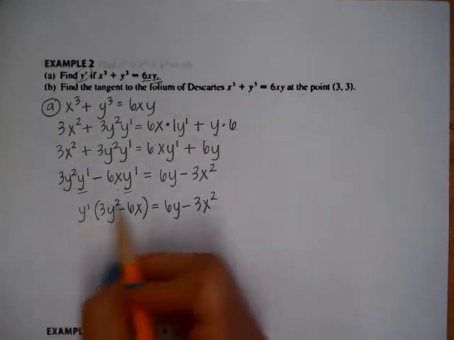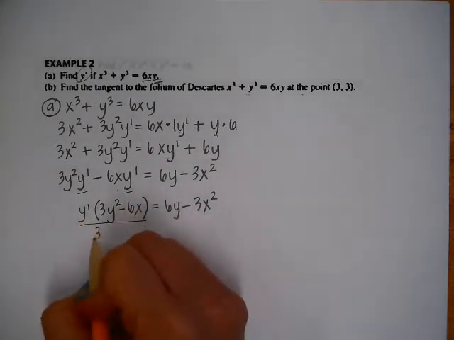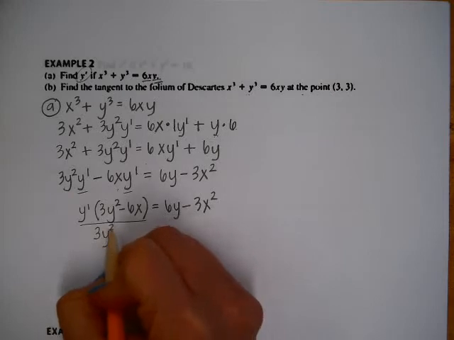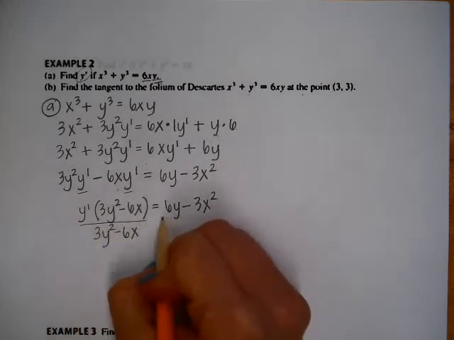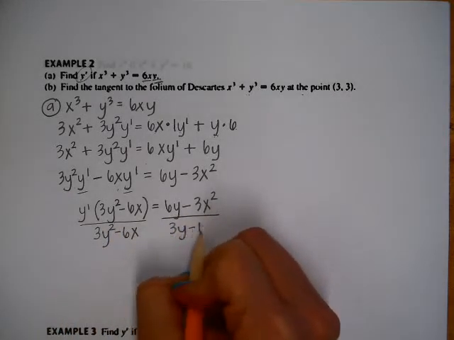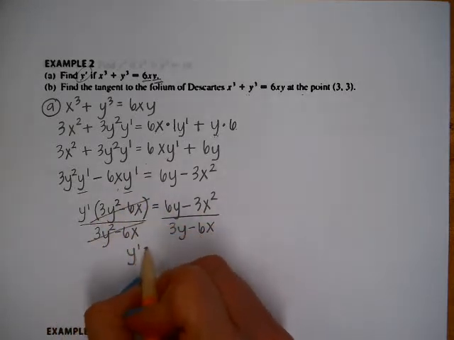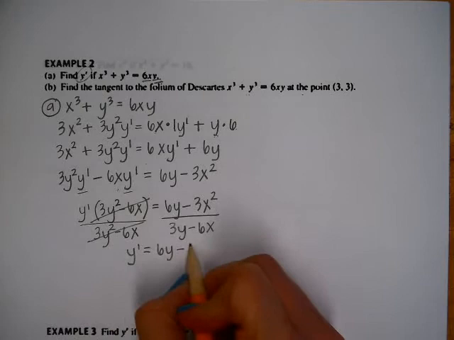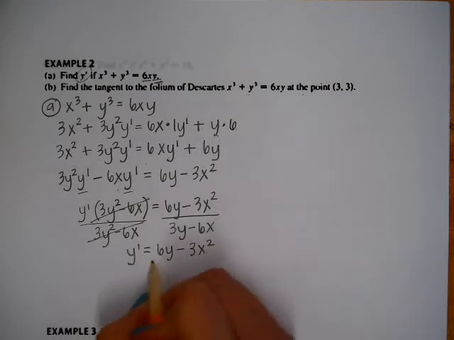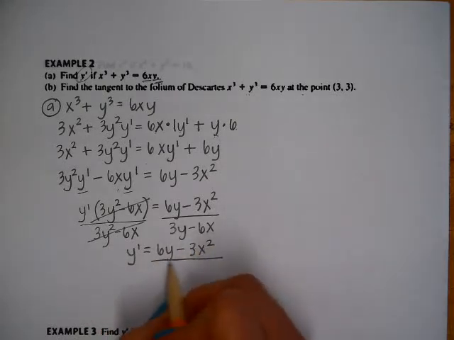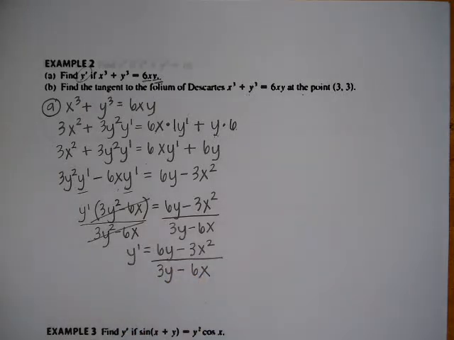If I'm solving for y prime, I want to divide both sides by 3y squared minus 6x. They cancel. And I'm left with 6y minus 3x squared all over 3y squared minus 6x.